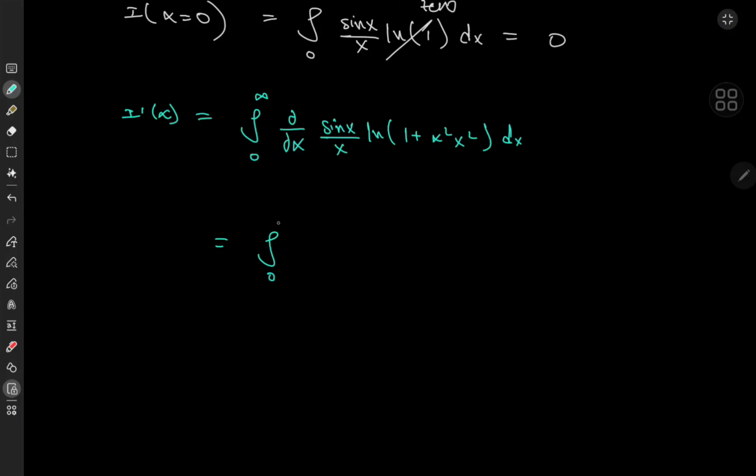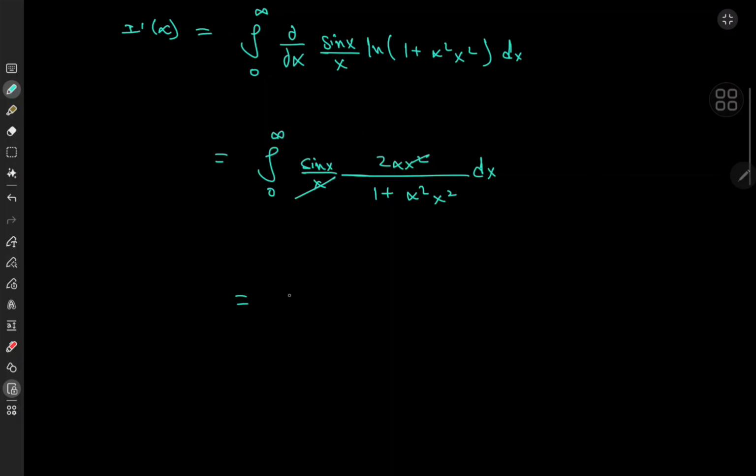So we'll write this as the integral from 0 to infinity of sine x over x, and differentiating the logarithm yields 1 over 1 plus alpha squared x squared, and on differentiation, we have 2 alpha x squared dx. One of the x terms cancels out, and the result is 2 alpha times the integral from 0 to infinity of x times sine x over 1 plus alpha squared x squared dx.